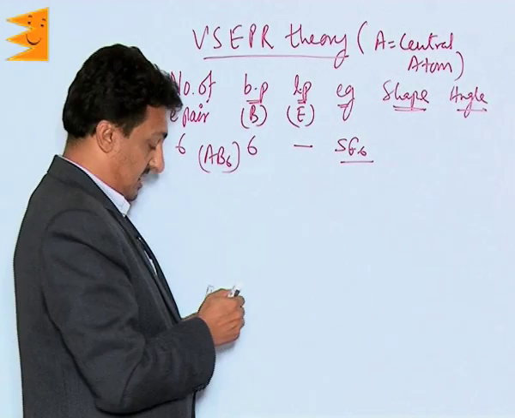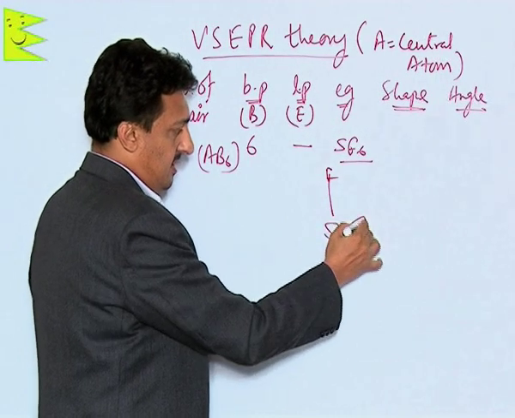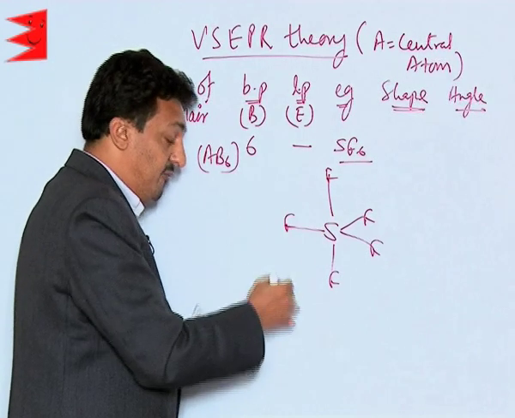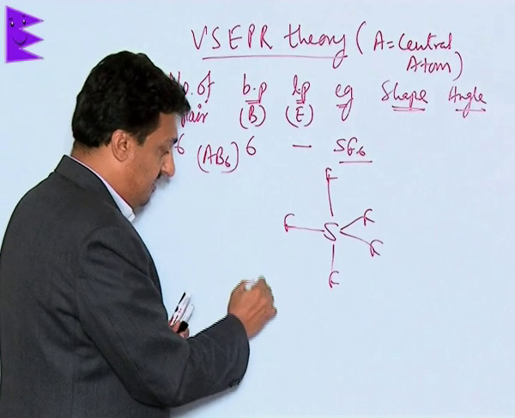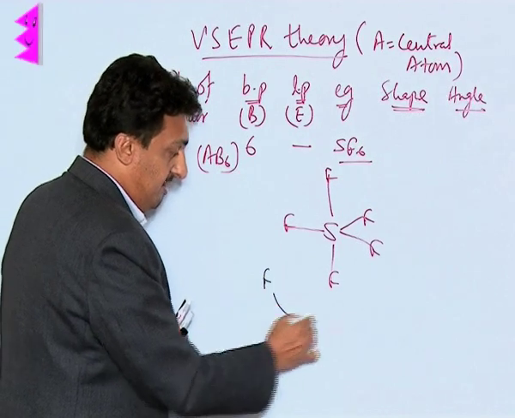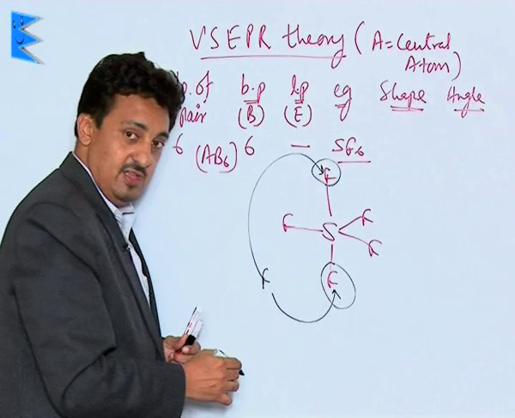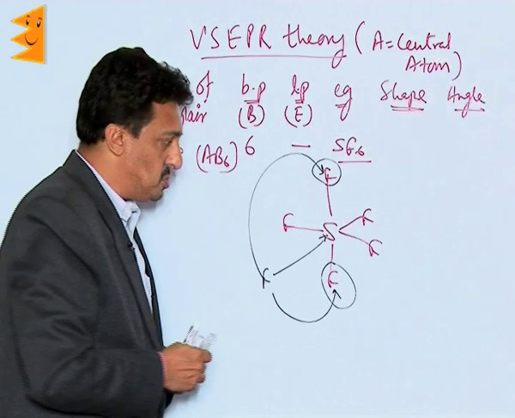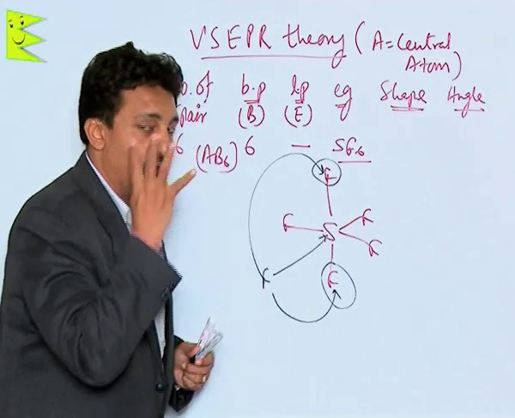Now we have to see here, if sulfur is like this, it already has, suppose, 5 fluorine arranged like this. From where will the 6th fluorine go? Remember, the 6th fluorine cannot come from the axial positions because they are already occupied by the 2 fluorine. So there's only one choice, it has to come from the equatorial position. So that's why the equatorial position changes, and now in place of 3 it will have 4 fluorine atoms.